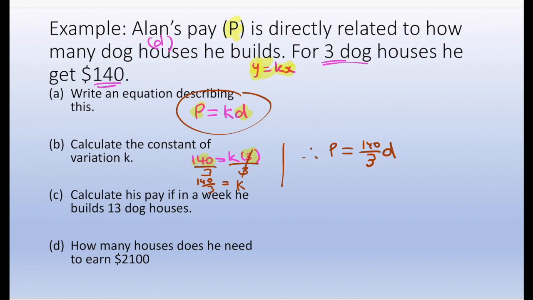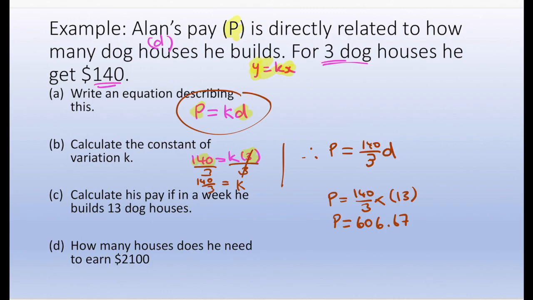Now, calculate his pay in a week if he builds 13 dog houses. So all I have to do is use this same formula. So I'm going to go P equals 140 over 3 times, how many dog houses did he build? 13. So I'm just going to put that in my calculator. And it looks like, I'm going to leave this as a decimal because it's a number.